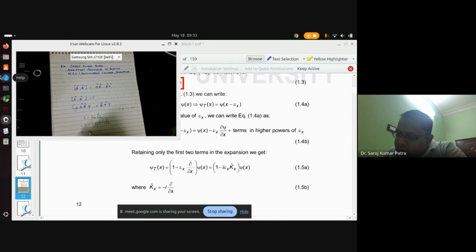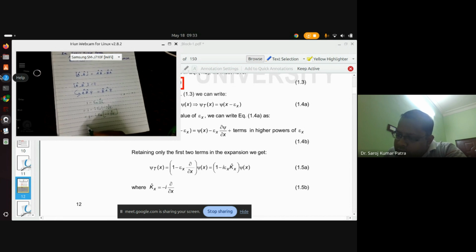So this is equal to 1 minus i epsilon x, so this one minus i del x. Now this is equal to 1 minus i epsilon x kx cap.